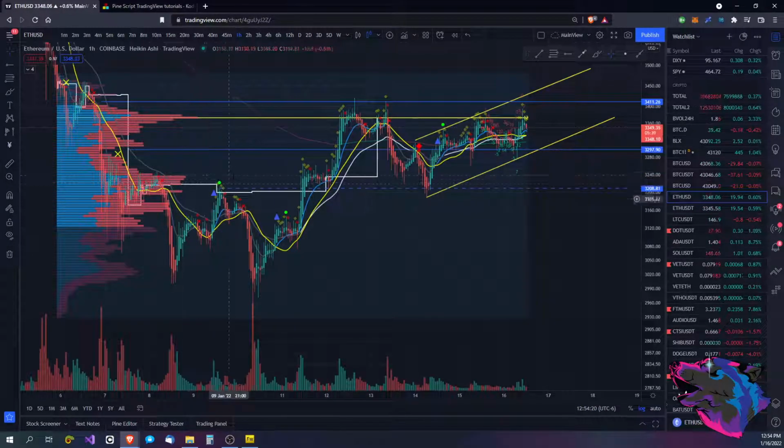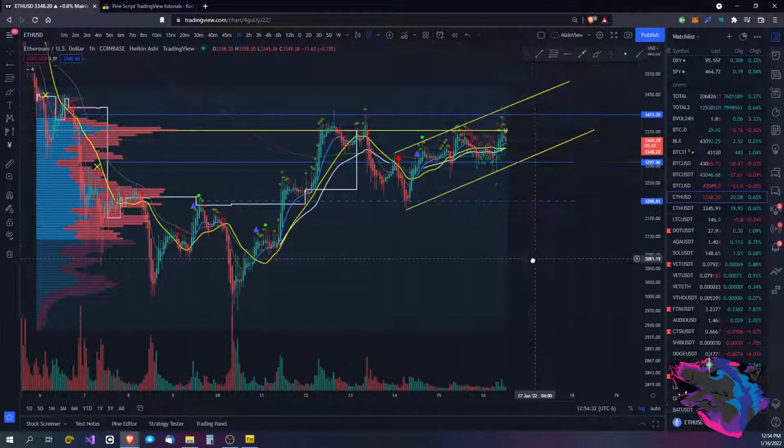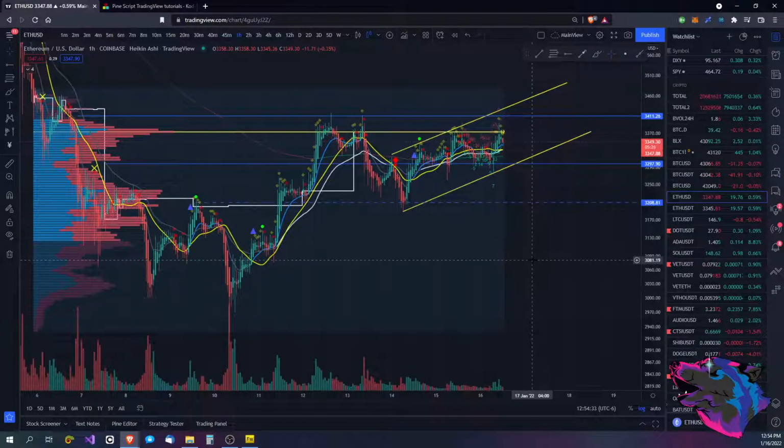So we came up to this level, we hit resistance, broke through, came down, found support. Came down, found support. It's not always going to be exactly on the line. Things in nature tend not to be that specific. But we're finding support in this area.